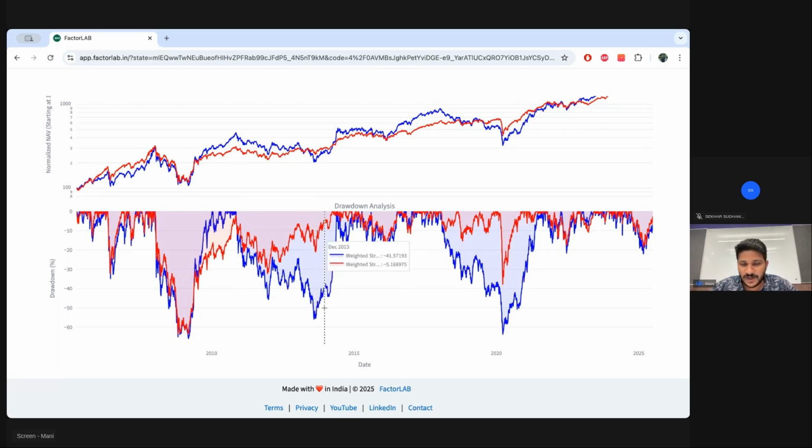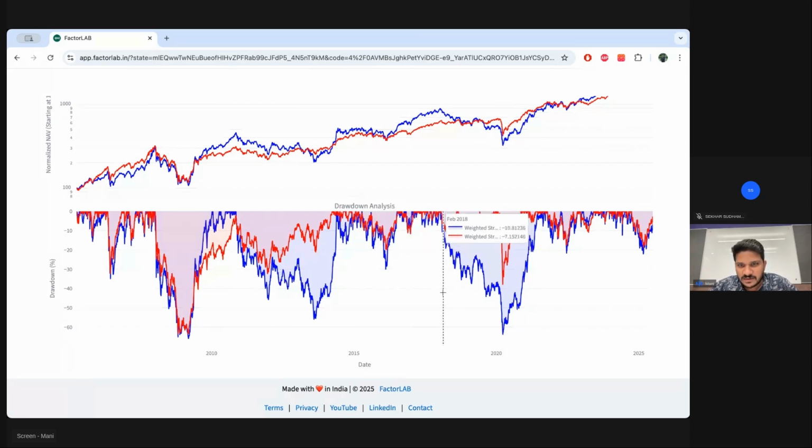And if you have the guts to just hold it, then you have to look at the drawdown days to understand how long it takes for the strategy to recover the money that you have invested. So this is the time period it didn't do pretty well.